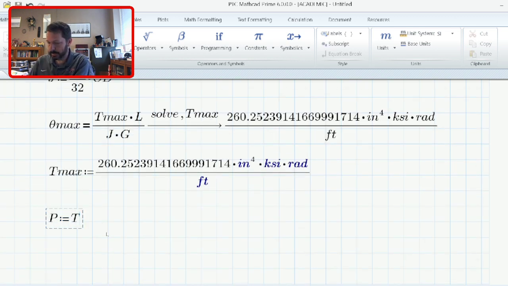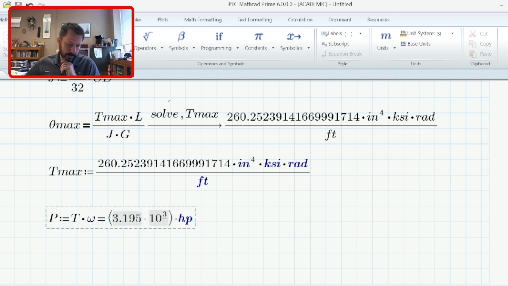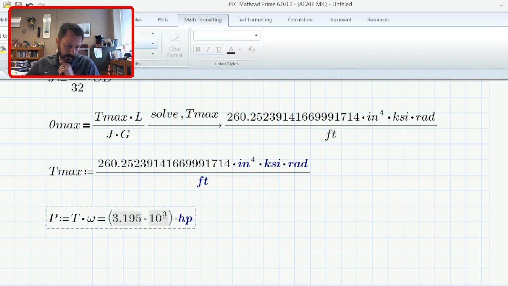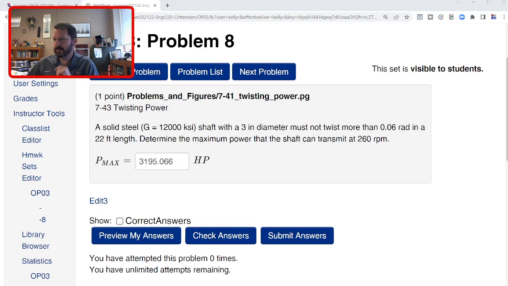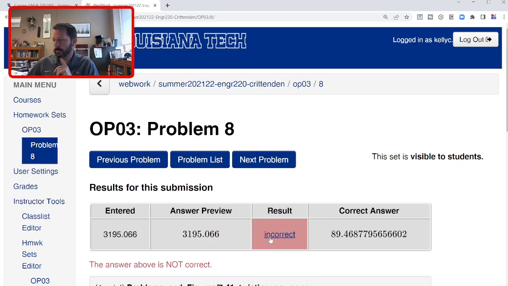So power equals T times omega equals, it did come out in watts. And then let's convert this over to a decimal so that we can plop it in here, 3195.066. And let's see if it likes it. Oh, whoa.